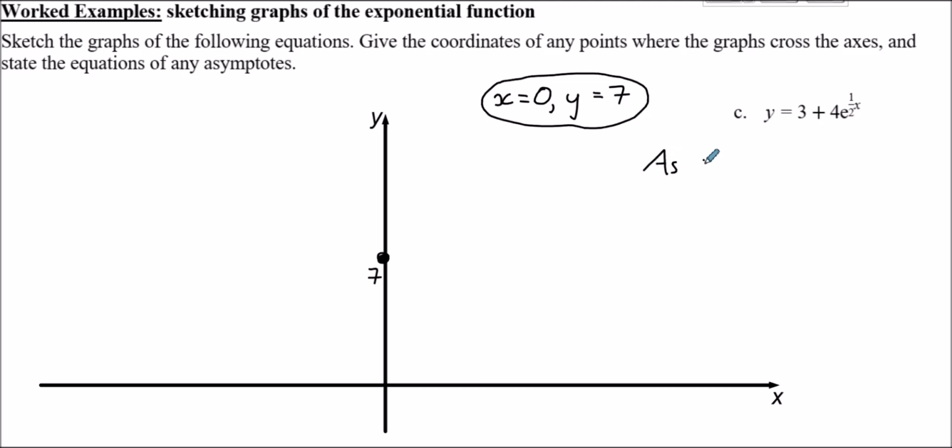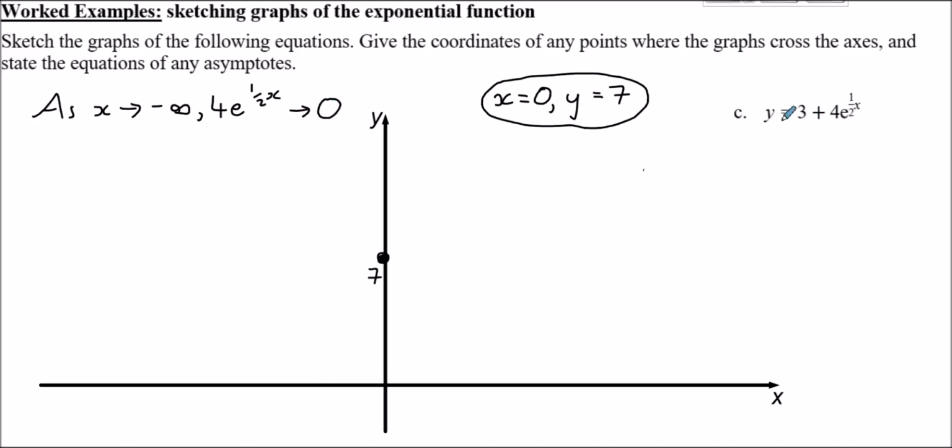So as x goes, in fact that might be in the way of the curve, I'll write this somewhere else. I'll write this over here. So as x gets smaller and smaller and smaller, the 4e to the half x bit is going to get closer and closer to 0, but you're still always going to have this 3 left.